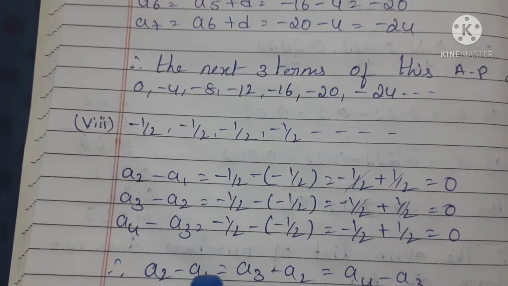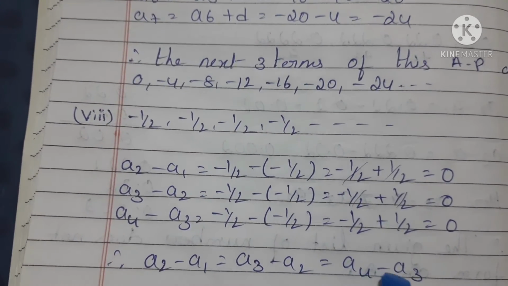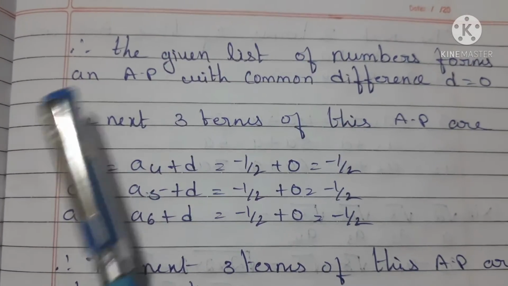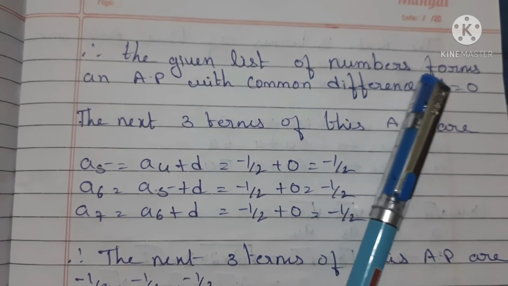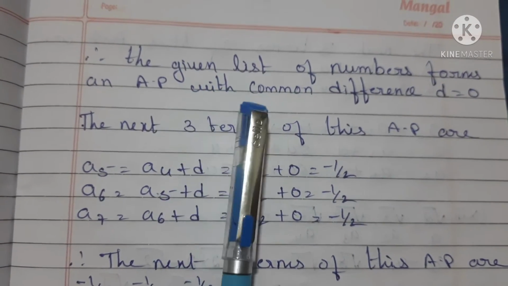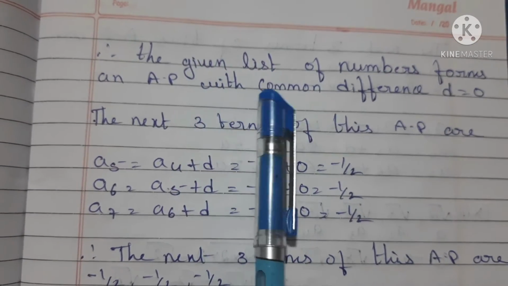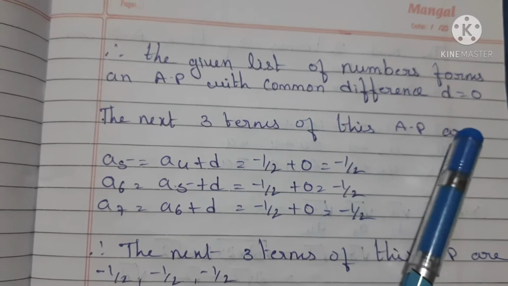Therefore a2 minus a1 is equal to a3 minus a2 is equal to a4 minus a3. Therefore, the given list of numbers forms an arithmetic progression with common difference d is equal to 0. Common difference, it may be positive, negative or 0.